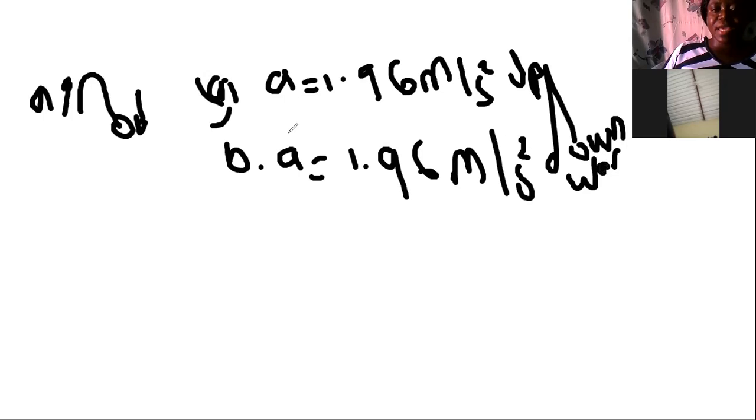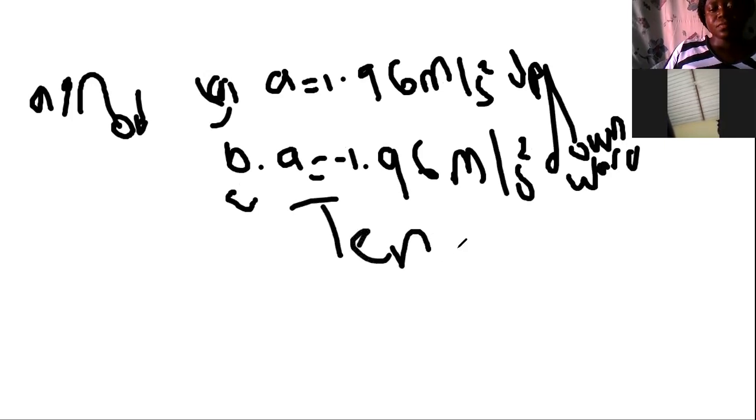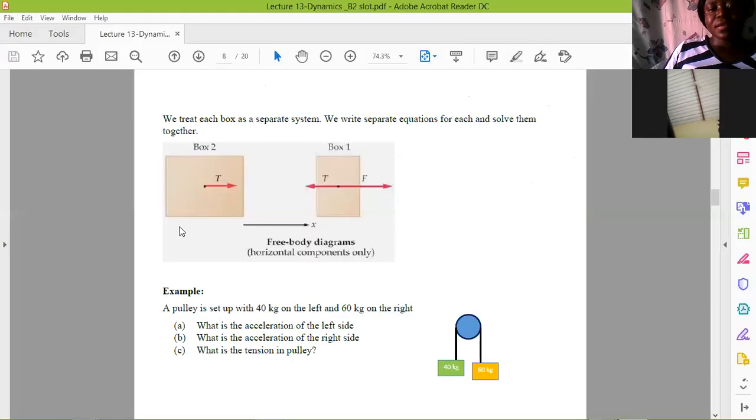Or you can simply indicate it with a negative sign there. So the acceleration on the right side is negative 1.96, while the acceleration on the left side is positive 1.96. Question C is asking you to find the tension.